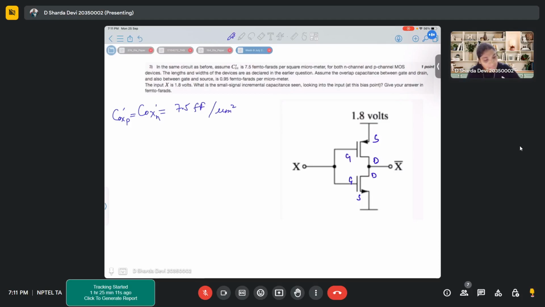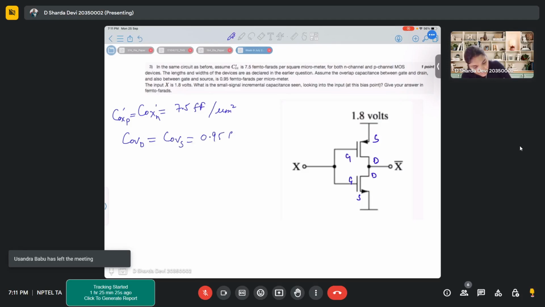Assume the overlap capacitance between gate and drain is also the same as that of source, which is 0.95 femtofarad per micrometer, and the input is 1.8 volts.